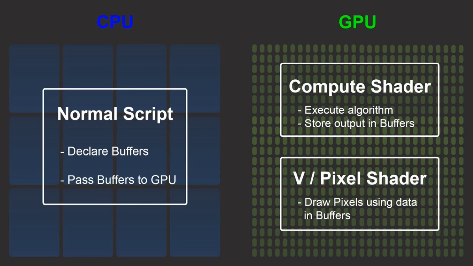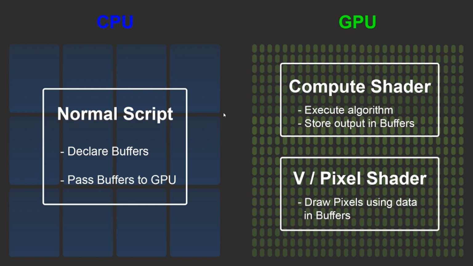Before going into the code, this is a brief structure showing what actually happens inside the CPU part and GPU part of my program. For the CPU part, which is Unity, the MonoBehaviour script declares and defines the buffers inside the CPU memory and passes the buffers to the GPU.